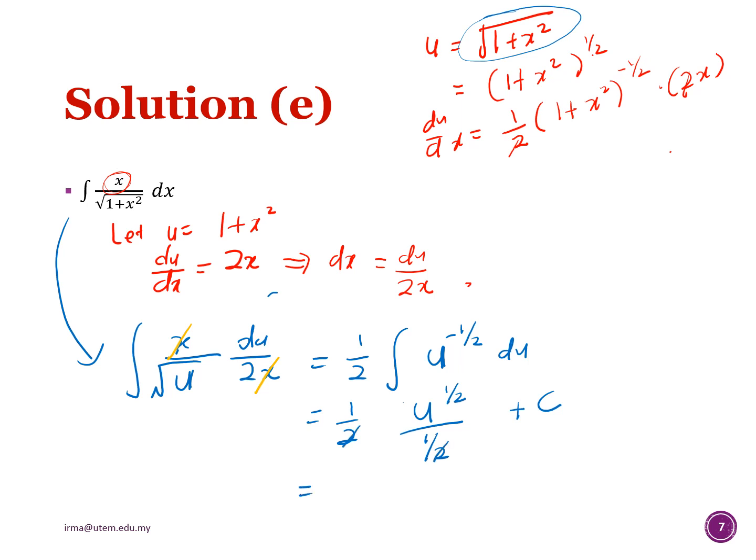So the answer is just u to the power of half. Again, we just substitute back 1 plus x squared, or we can write it as the square root of 1 plus x squared plus c. Any question?